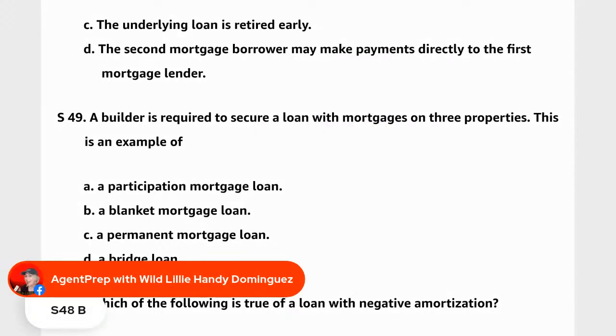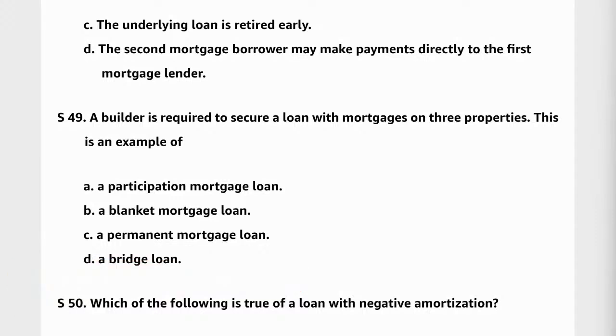All right, number 49. A builder is required to secure a loan with mortgages on 3 properties. This is an example of A, a participation mortgage loan, B, a blanket mortgage loan, C, a permanent mortgage loan, or D, a bridge loan.